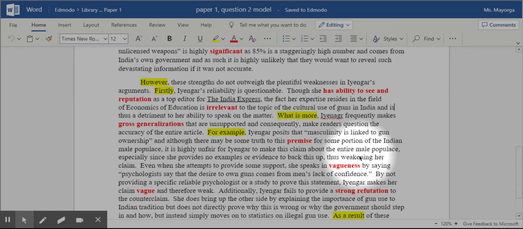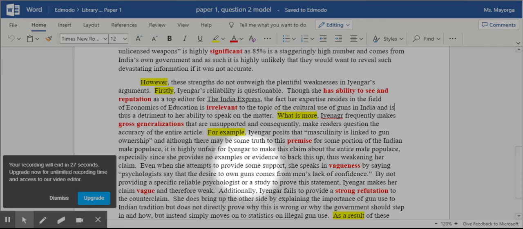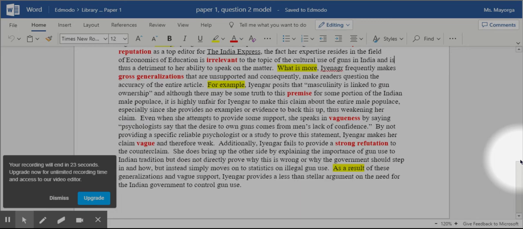This can't be representative of all men in India, or even most men in India, so this is a weakness. And then I further explain that this is especially so since she provides no examples or evidence to back it, thus weakening her claim. That's what I mean when I say explain how it weakens the overall claim.